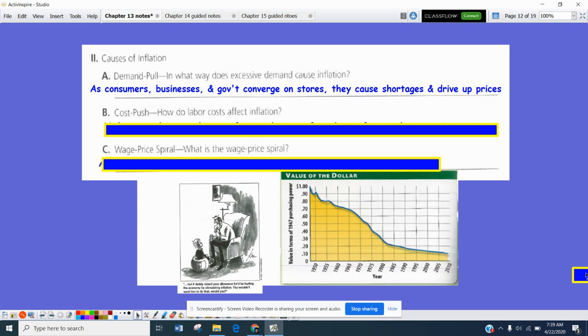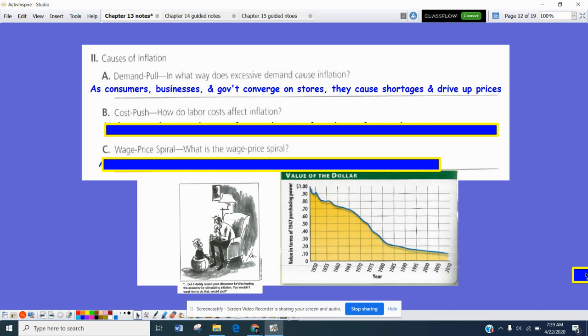So if we can get people to ease back on that, you probably won't cause prices to go up dramatically. But that's hard to do because you have advertising out there, and people are obviously brought into stores and want to make purchases based on that.